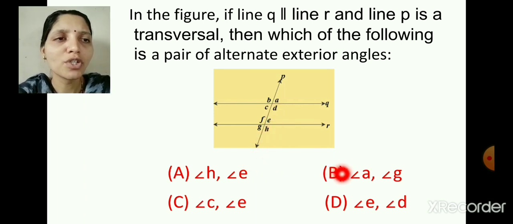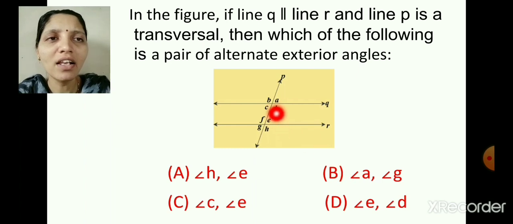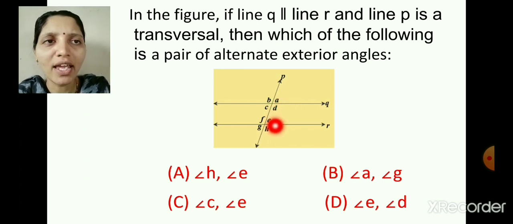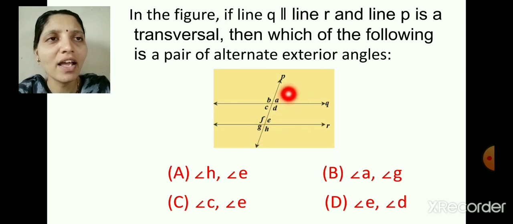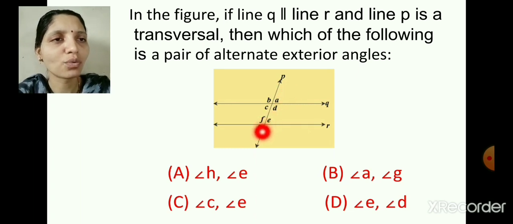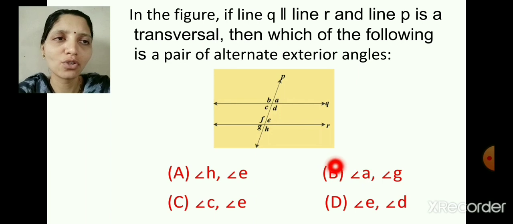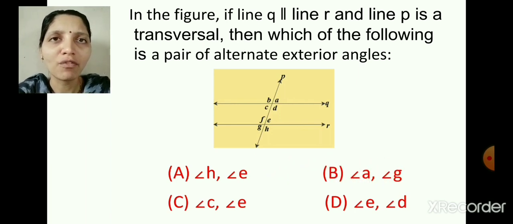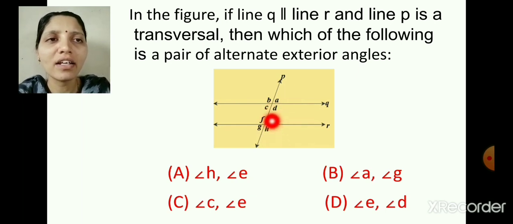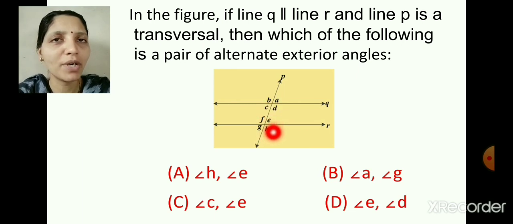See option B, angle A and angle G. So angle A and angle G. These are alternate angles and these are exterior angles too. So this can be the answer. Still you have to check the other two options. Angle C and angle E. These are alternate angles but these are alternate interior angles.